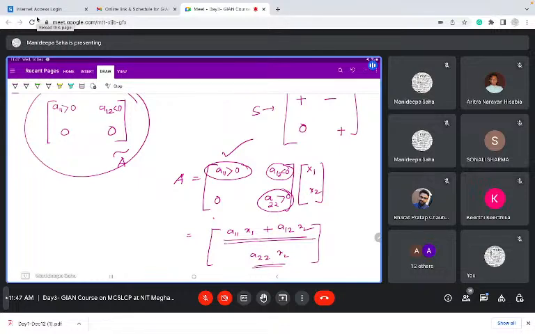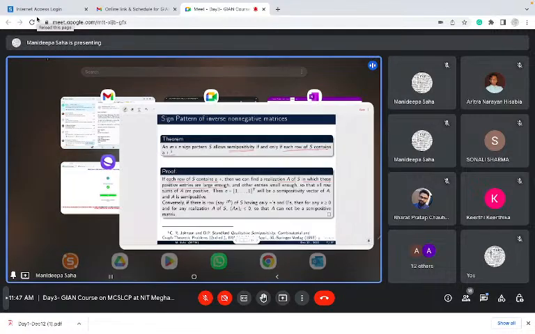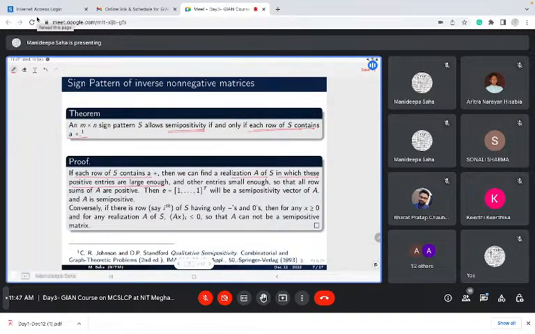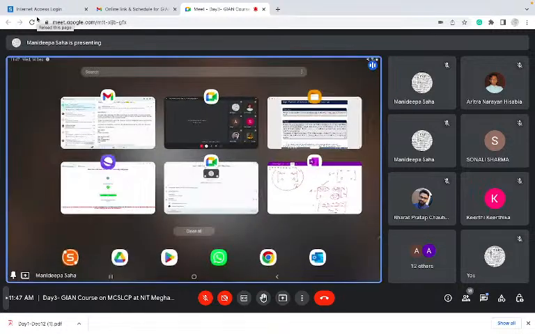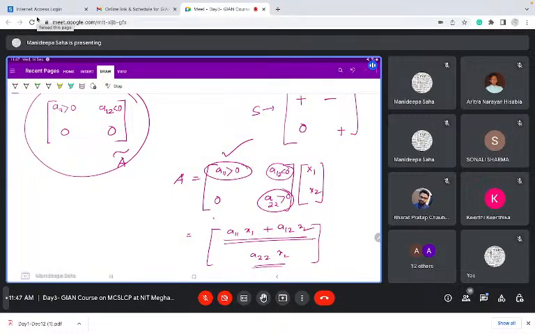Zero cannot occur because each row always contains a positive entry. So the matrix we found is a semi-positive matrix. In fact, you can take the vector 1 1.